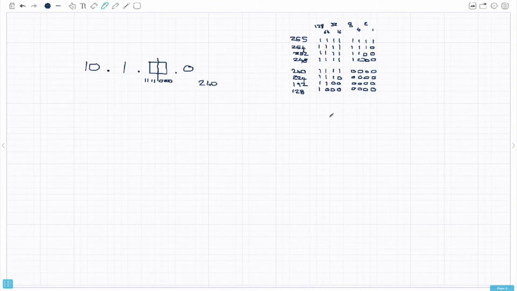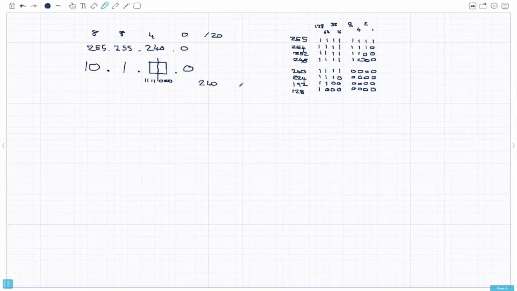So now that we understand that this is 240, our mask is obviously going to be 255.255.240.0. Or you can write down there's 8 bits, 8 bits, 4 bits of networking, 0 bits of networking. That equates to a /20, which is how we write it down using the slash format.